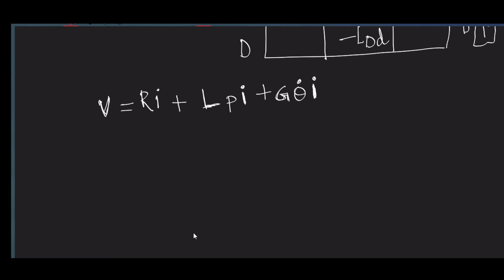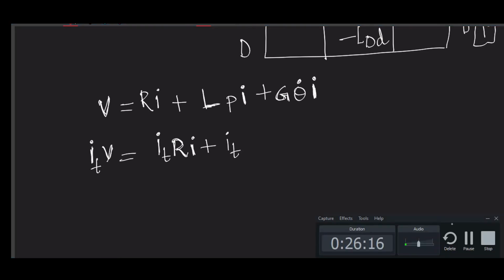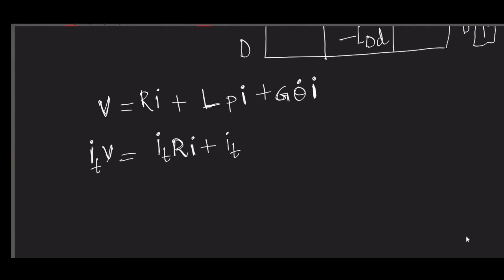Now here what we can do is that if we multiply the whole thing by I transpose, then that must give us the expression of power. So that will be I T. Right.